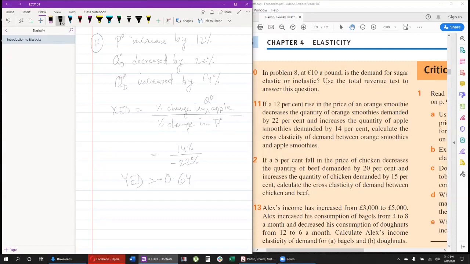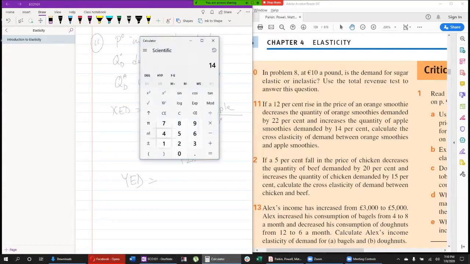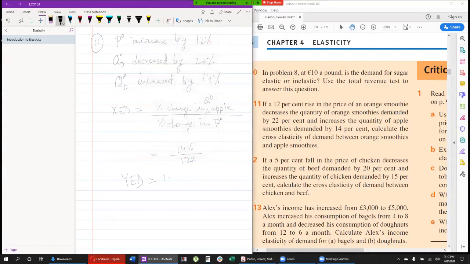Okay, sorry about that mistake. Price of oranges, so that's 12%. And as a result, once again I'll need the calculator. 14 divided by 12 gives us 1.167.